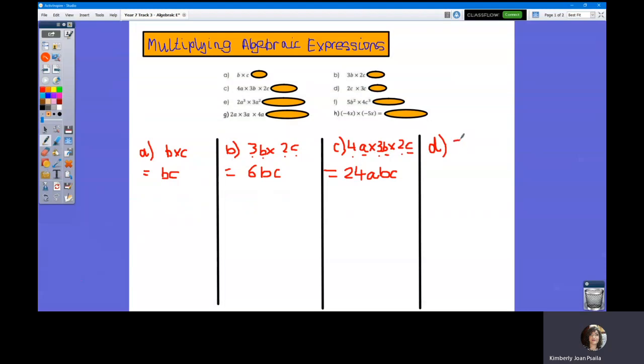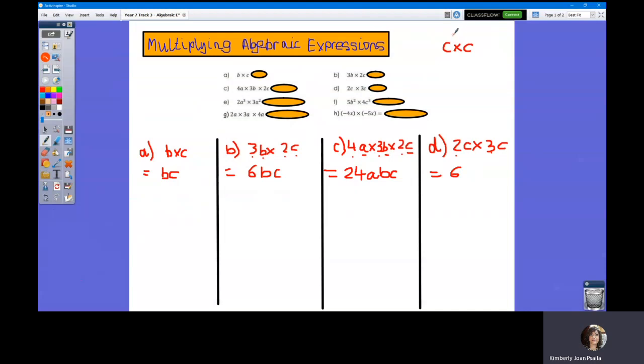Letter D. So we have 2c times 3c. First we multiply the numbers, the coefficients. 2 times 3 gives us 6. Now c times c. It's like we have two of the same values, and they give us a square number.